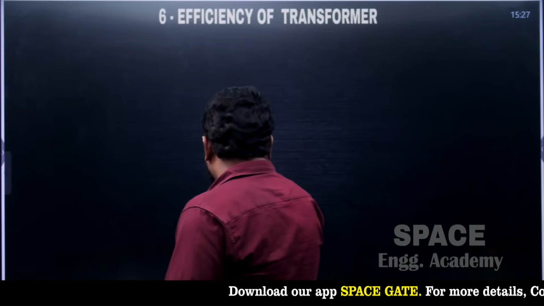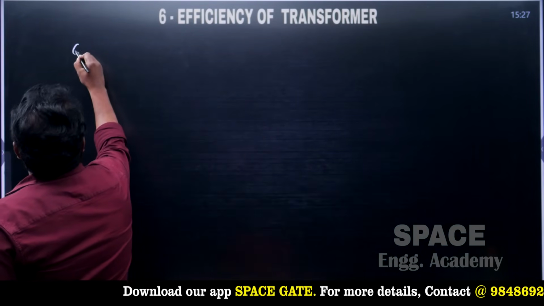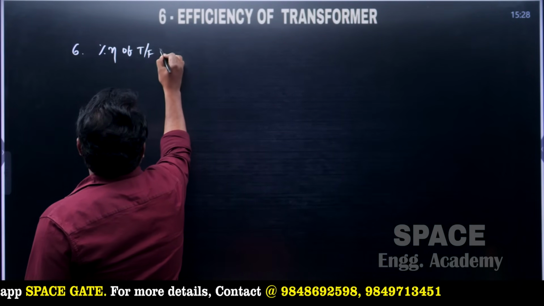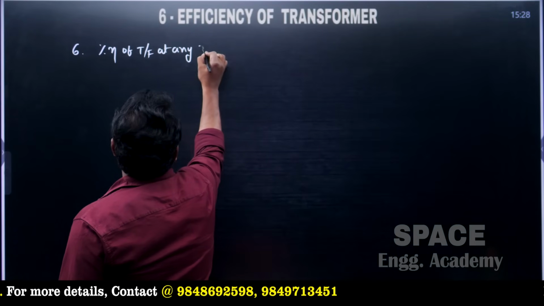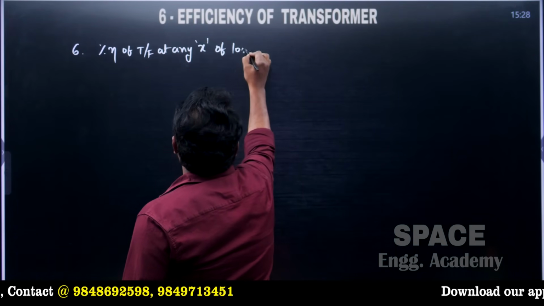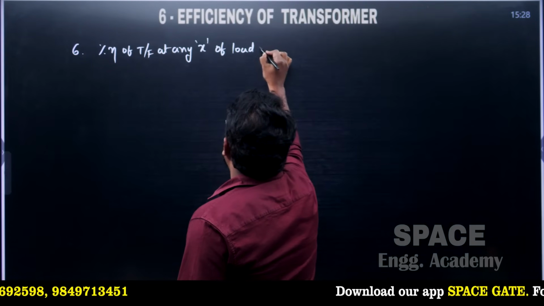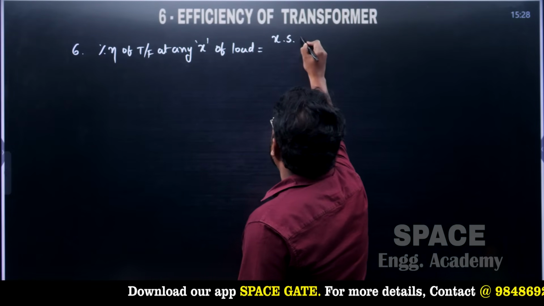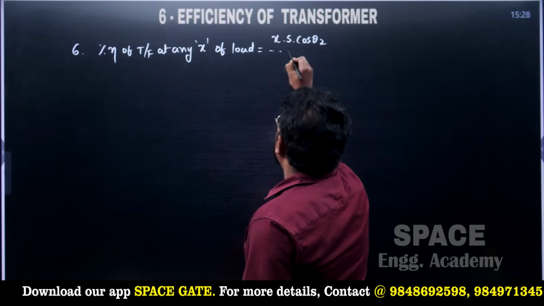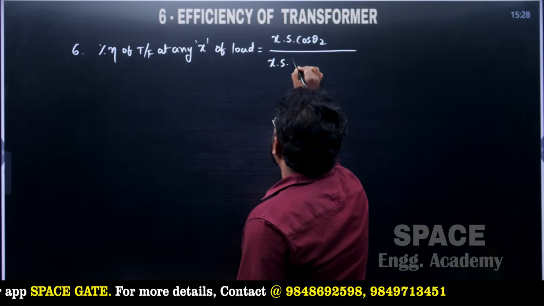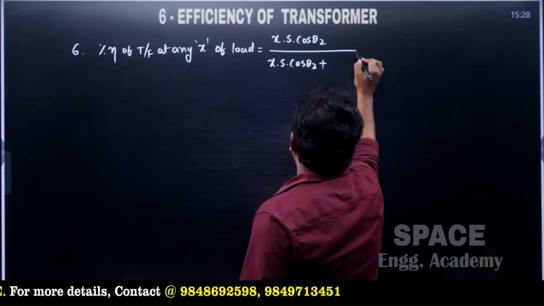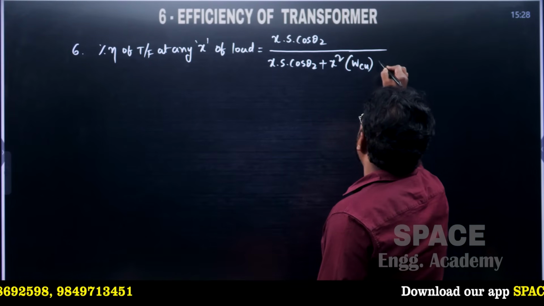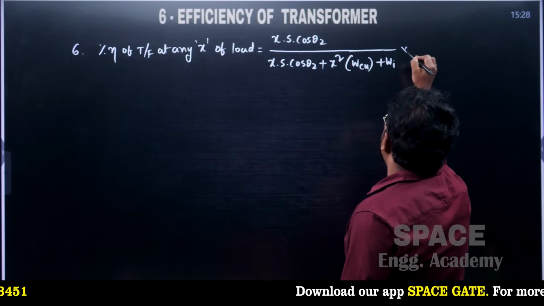This is the sixth point. Percentage efficiency of transformer at any x of the load, where x is a fraction of the load: x into S, where S is the power rating of the transformer, times cos theta 2, divided by x into S cos theta 2 plus x square into full load copper losses plus total iron losses of the transformer.